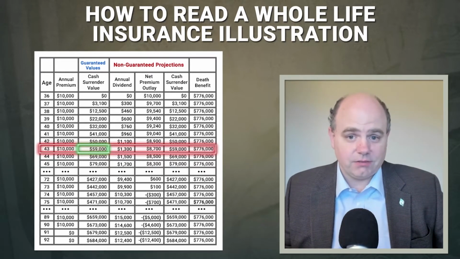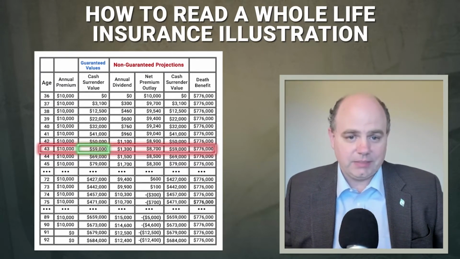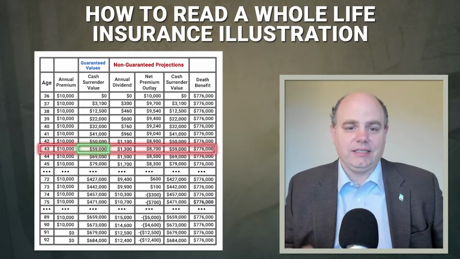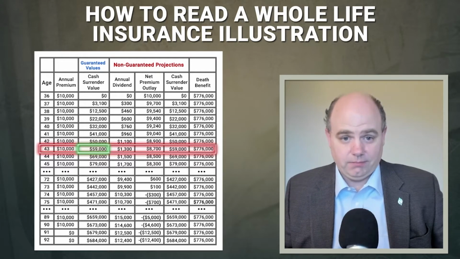Now, in practice, the cash surrender value could be higher, and we'll talk about that later. But what it means to say this is guaranteed is that the cash surrender value is going to be at least $59,000 at that point.